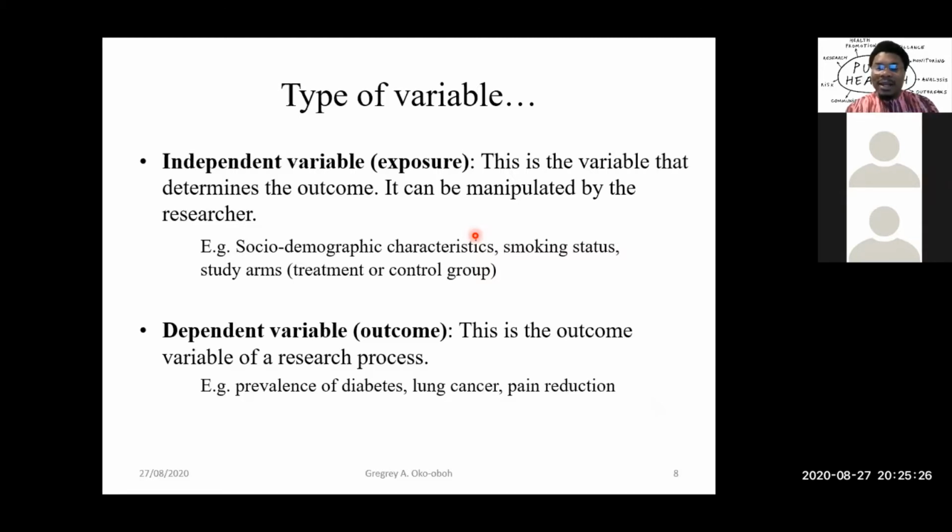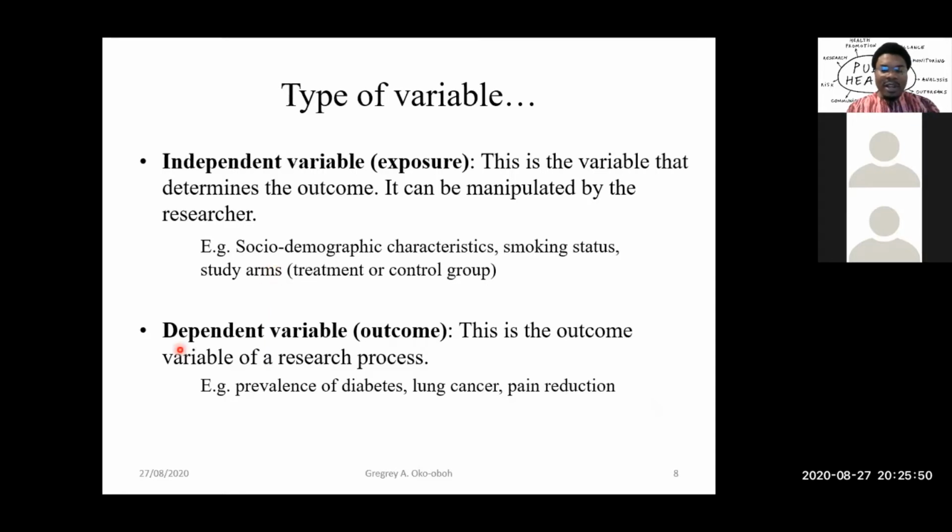And like I said, another name for it is the exposure. These are all examples of independent variables: socio-demographic characteristics, smoking status, or the study arm that you belong to. Like I said, if it is an experimental or intervention study, your study arm is the exposure, and that is the independent variable that will determine the outcome.